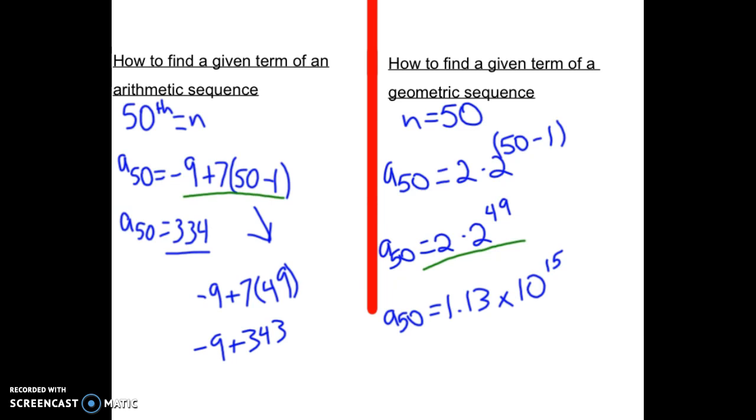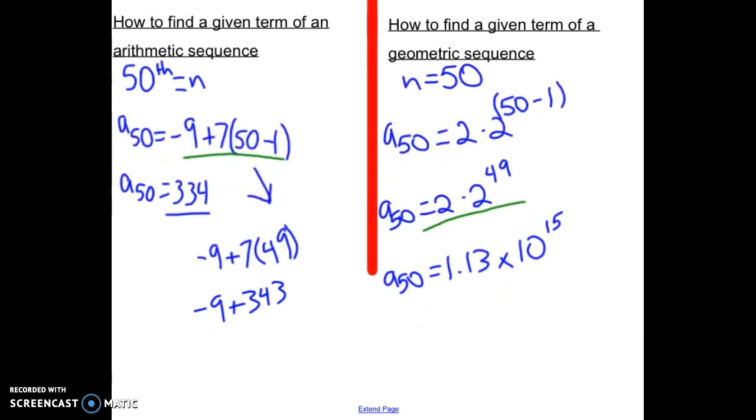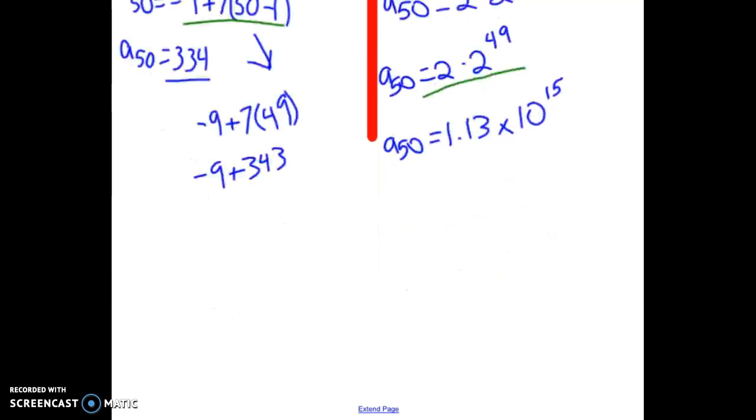Now, if I wanted to find the first four terms of any sequence if given the explicit formula. So my original explicit formula over here is a sub n equals -9 plus 7 times n minus 1. If I want to find the first four terms, and you can write this on the back side of your paper if you have room, otherwise a sheet of notebook paper.